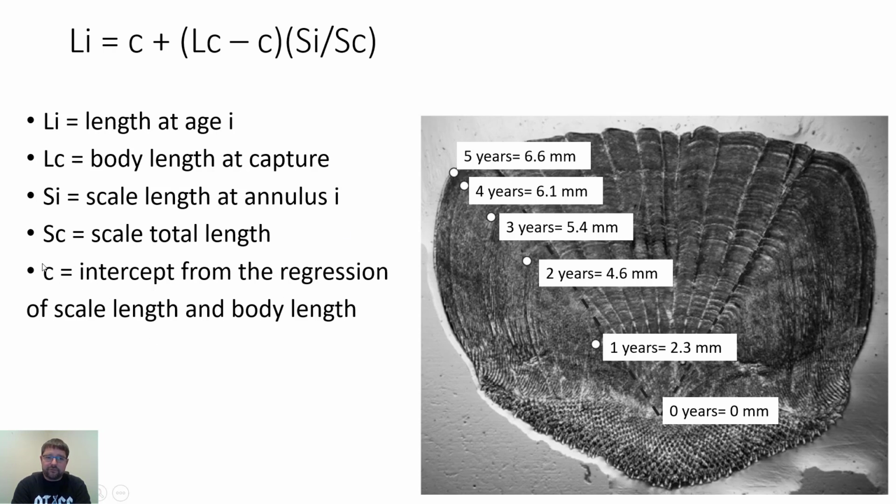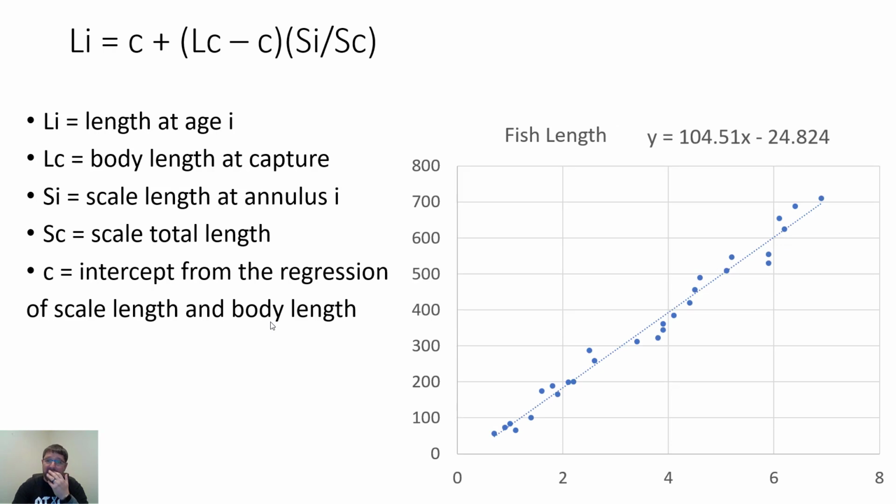C is the intercept from a regression of scale length versus body length. The only way you will know this is if you've caught enough of these organisms, enough of this species of fish, and pulled enough scales off to measure the scale and the fish. Well, I've done that. Here you can see this is the scale length on the x-axis.